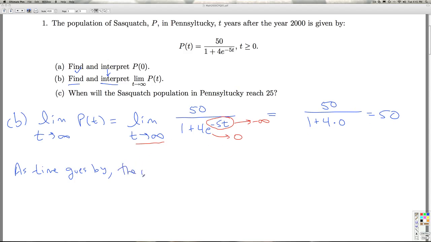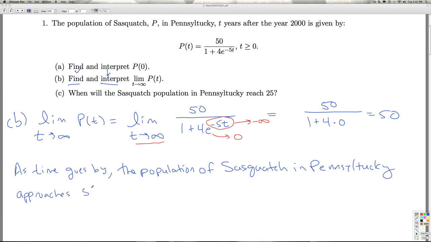So as time goes by, the population of Sasquatch in Pennsylvania approaches 50. So that'll do it for part B.